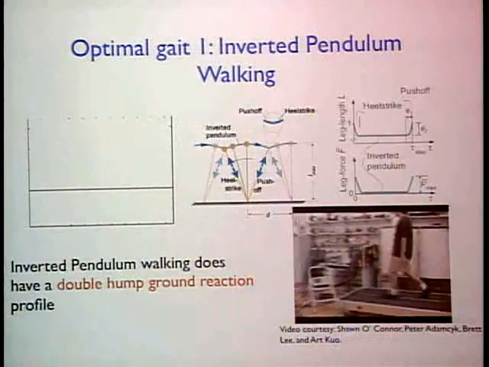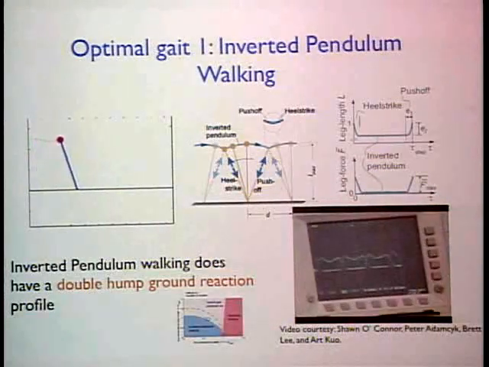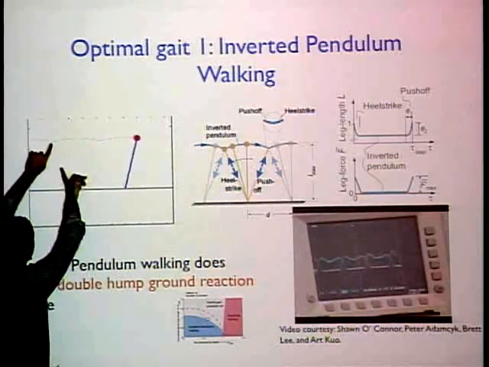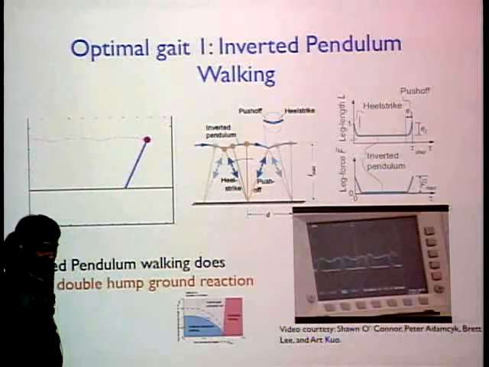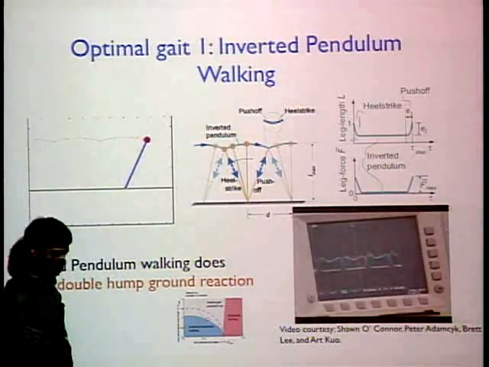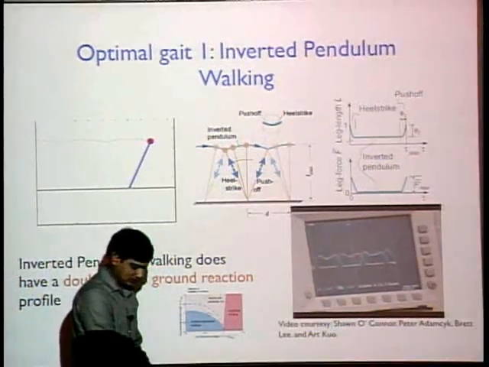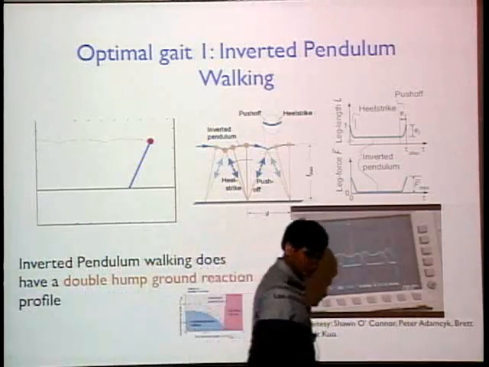So the optimal walking gait, it turns out, is actually, this is not the greatest animation, but what happens is the leg is exactly straight in the simple model. It walks over in a circular arc, and then the next foot hits the ground, and then it goes on a circular arc here, and so on, right?